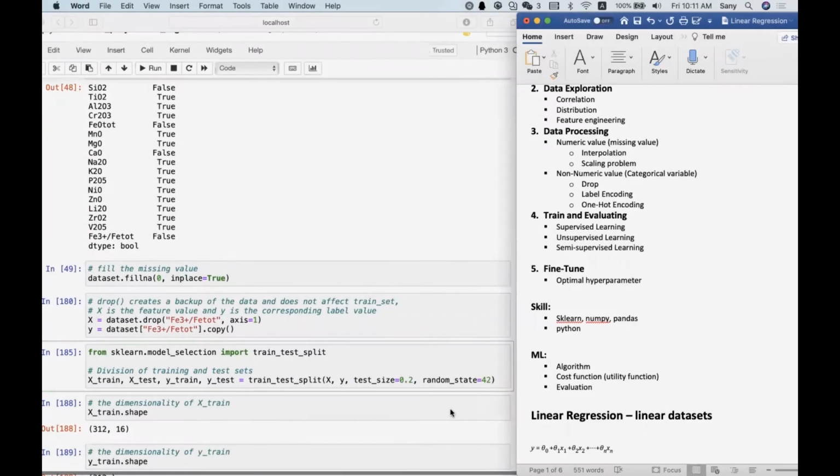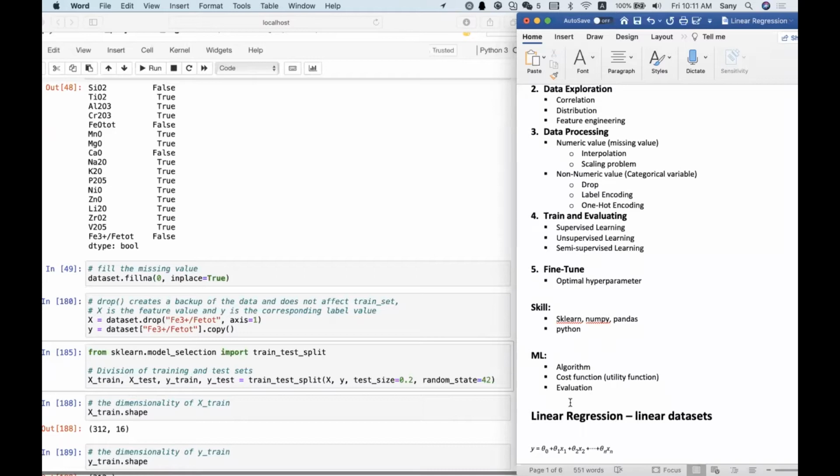When we start a machine learning project, we need some algorithms, and we should choose the cost function or utility function that the algorithm optimizes. After applying them, we should have some measures to evaluate the performance of the machine learning.